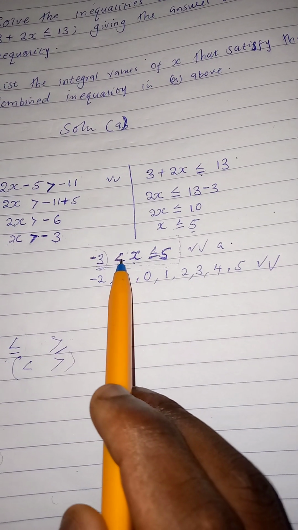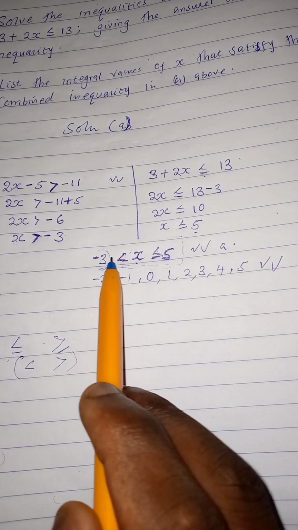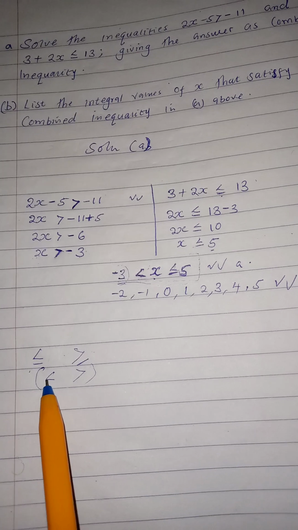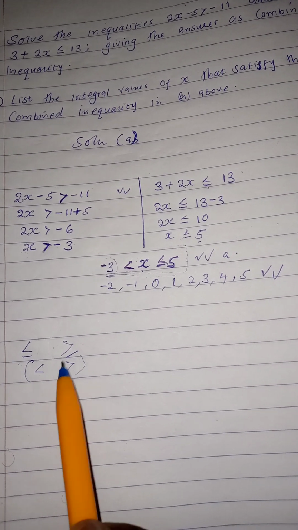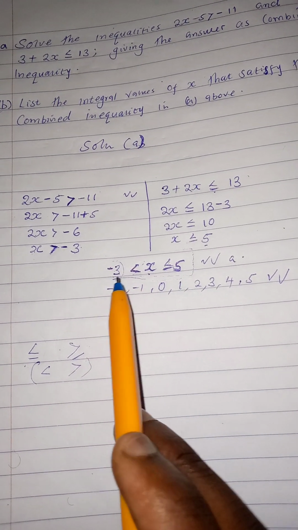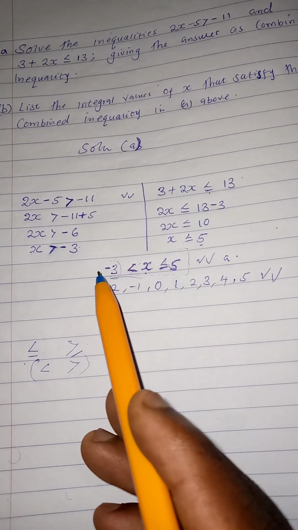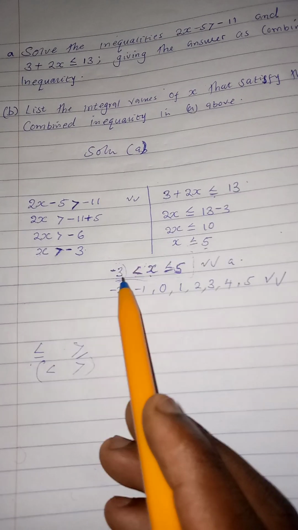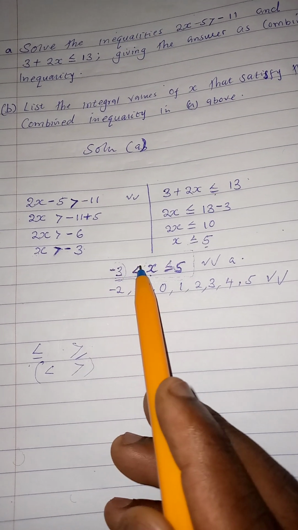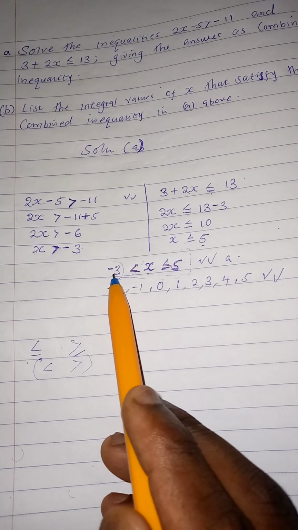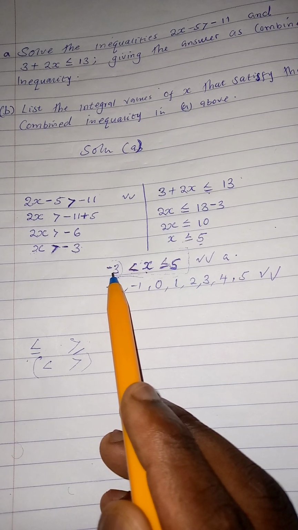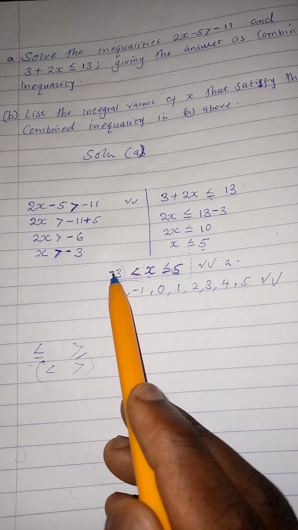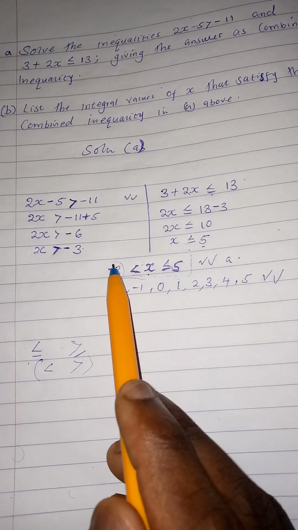So looking at this one here, negative 3 is not included because it falls under this category. Negative 3 is less than x, and negative 3 is not included, or x is greater than negative 3 and negative 3 is not included.